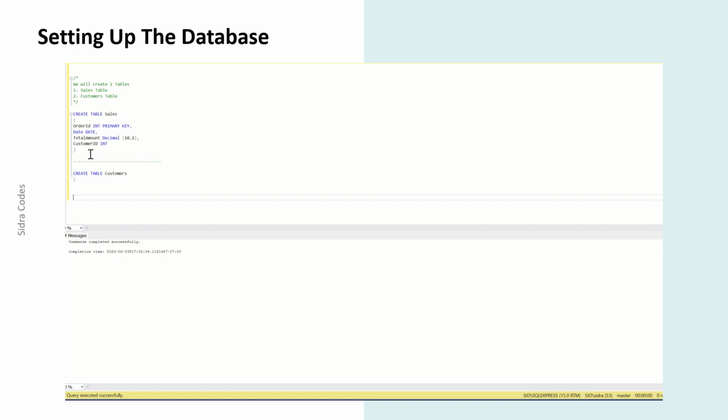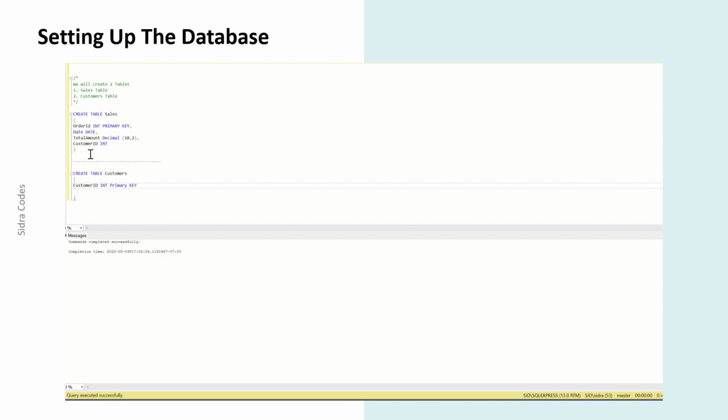Again, open parentheses, close parentheses, and within that I'm going to type customer ID. Now I'm going to give it the data type integer. Here, this will be my primary key.